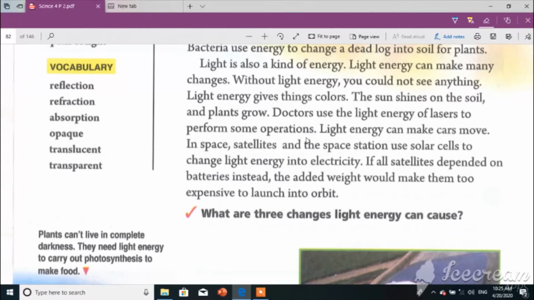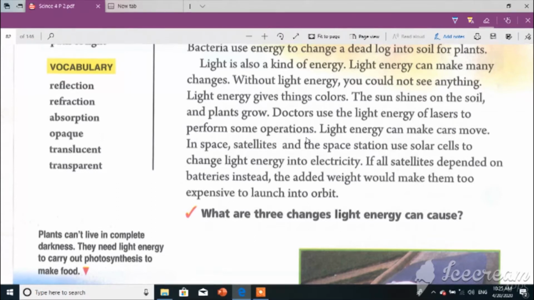Some doctors use light energy of lasers to whiten teeth, and some use it to perform cosmetic operations. Light energy has many advantages.